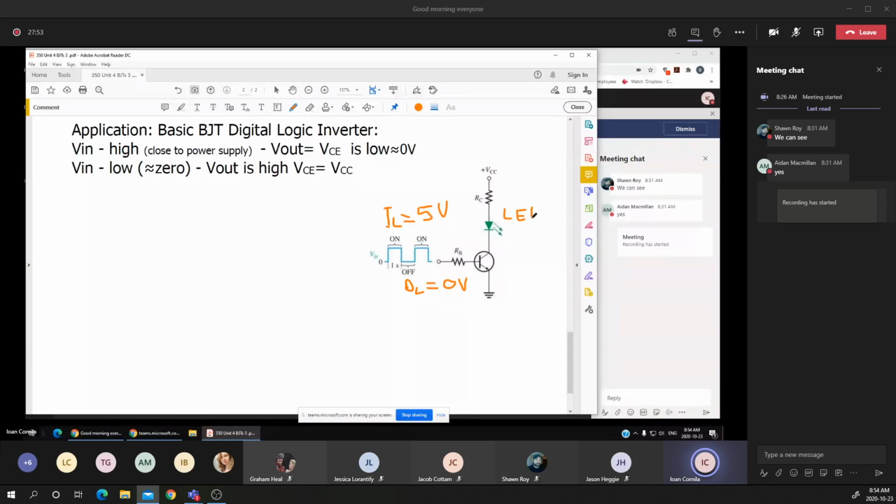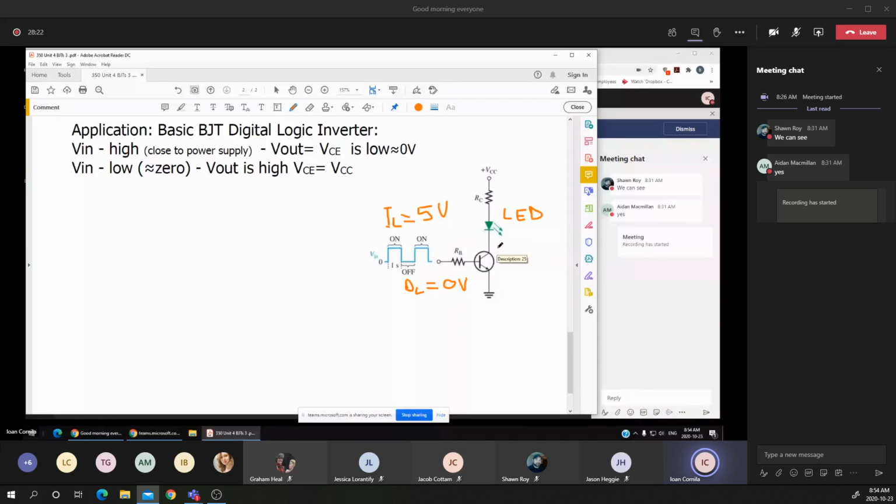We'll discuss LEDs a bit later, close to the end of the course, as some other applications of the diodes. In this way we can visualize, without taking any measurements, that when the transistor is on, the LED will light up, and vice versa.